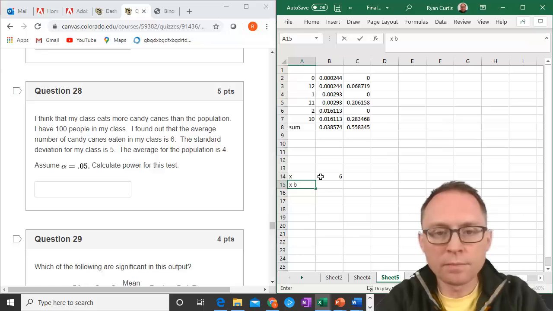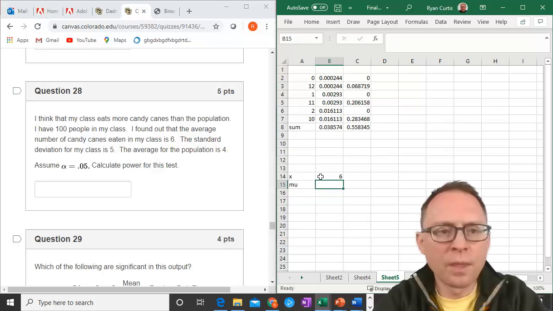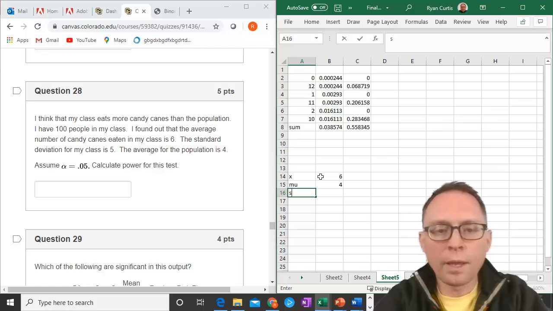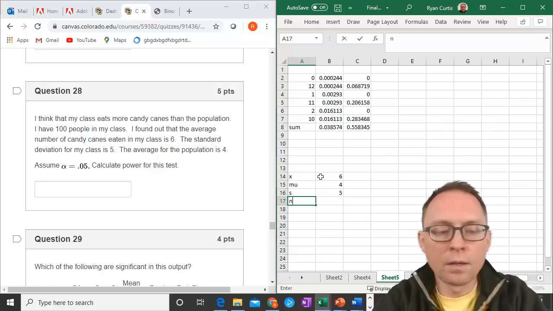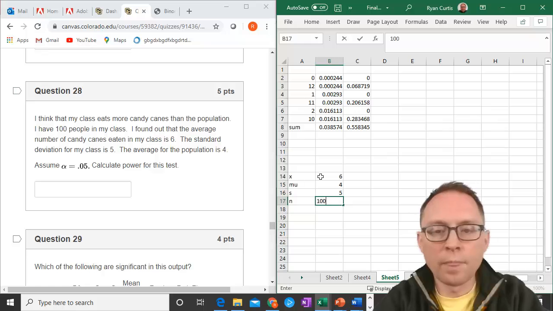X bar, well, it's actually mu, isn't it? Because it's the population. Average for the population is 4. Standard deviation, which is the standard deviation for my sample, is 5. All right, and n is 100.